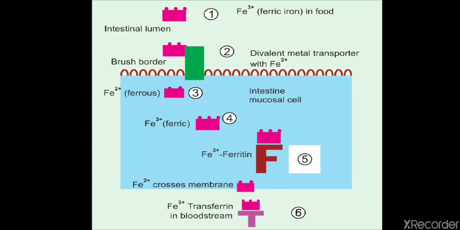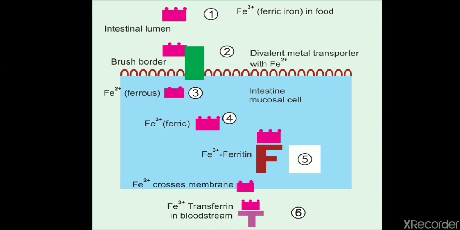This reductase enzyme reduces Fe3+ iron into Fe2+ iron, and there is a protein channel present on the apical surface of the intestinal epithelial cell, known as divalent metal transporter 1, that is DMT1, because it transports divalent cations. Fe2+ is a divalent cation. So through this divalent metal transporter, these ferrous ions are transported across the apical surface of the duodenal cell.